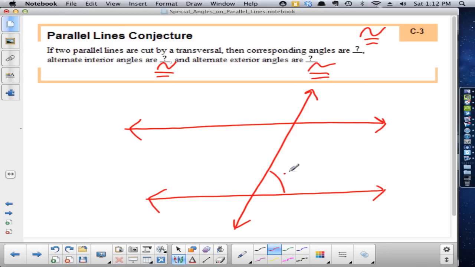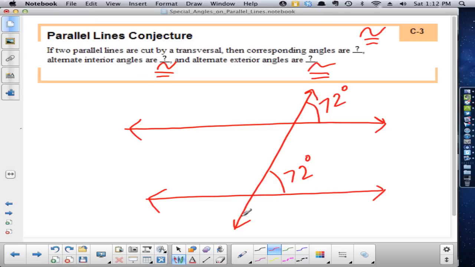And let's say that I get 72 degrees. Then I walk over to the other line, and I choose the angle that corresponds to this one. And I measure it. And it happens to be also 72 degrees. My question to you is, what can we conclude about those two lines?